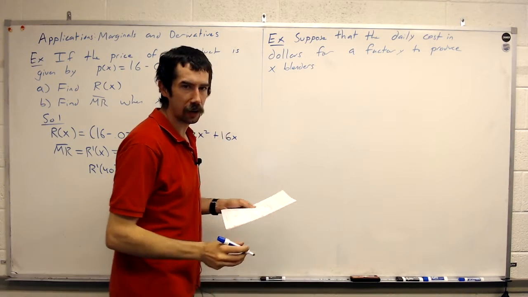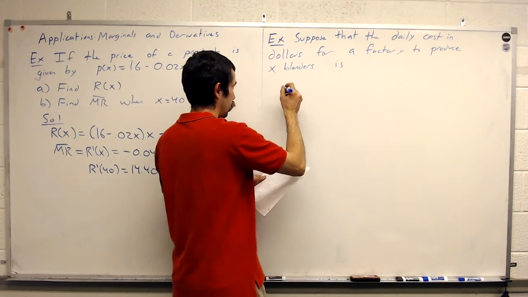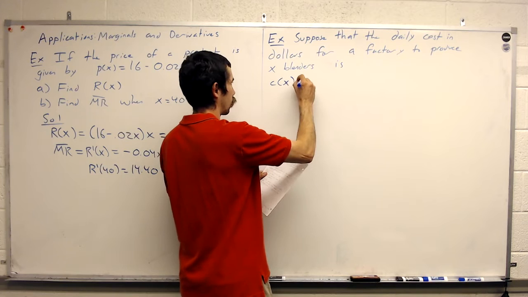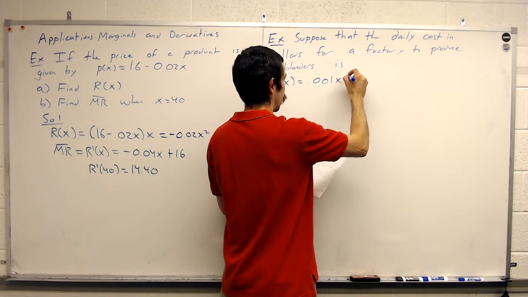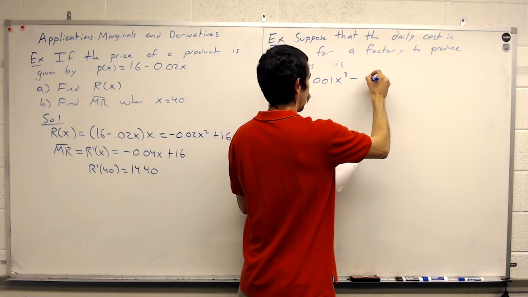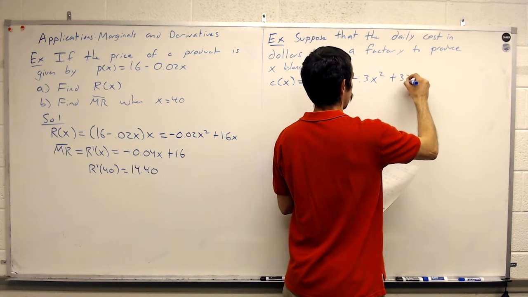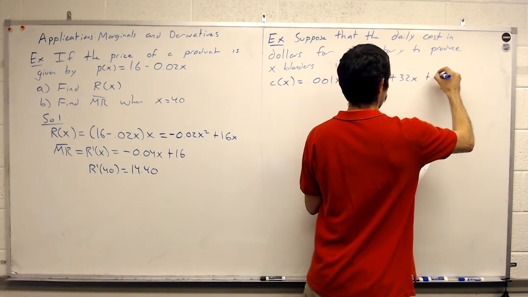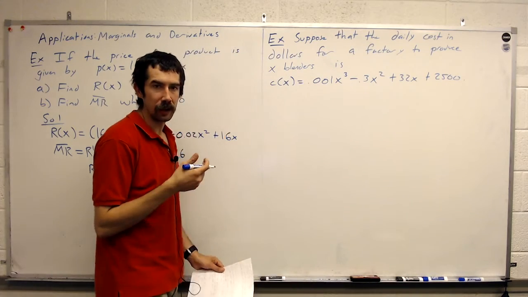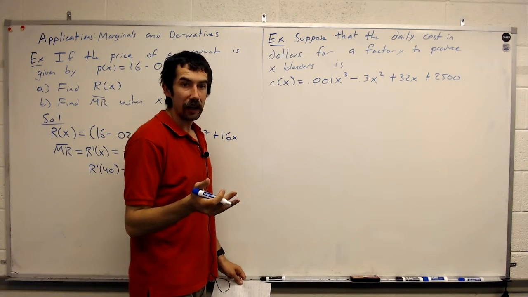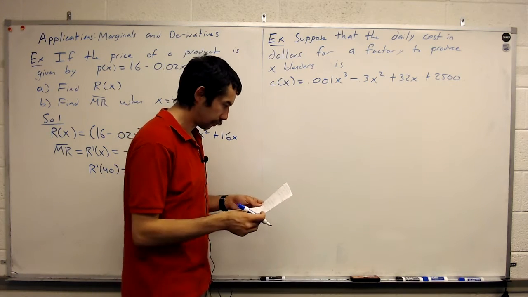We're looking at a blender factory here, is given by C of x equals 0.001x to the third minus 0.3x squared plus 32x plus 2,500. So we have this cost function. For any value of x, this tells us the cost to produce x blenders.